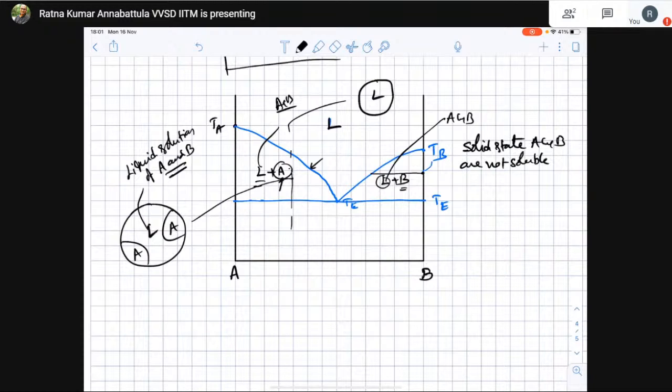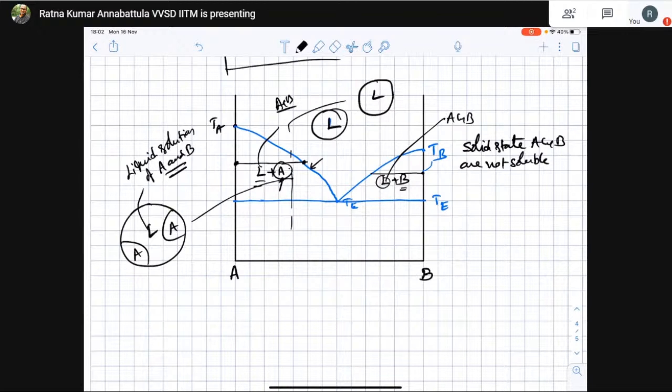That means you cannot form a solid solution of A and B. So whatever solid is coming out, it should be pure A, because when you are drawing the tie line, this guy is hitting A and this is liquid. This liquid will still have both A and B, but whatever solid is forming before hitting the eutectic line will be only pure A. Yeah, this is liquid and liquid plus pure A.